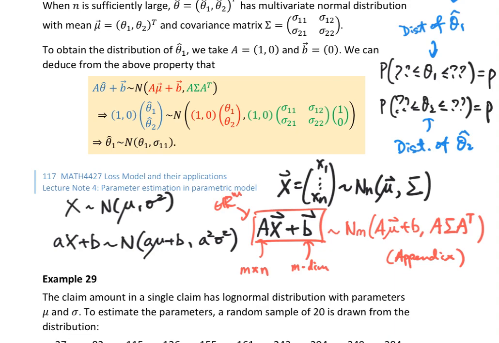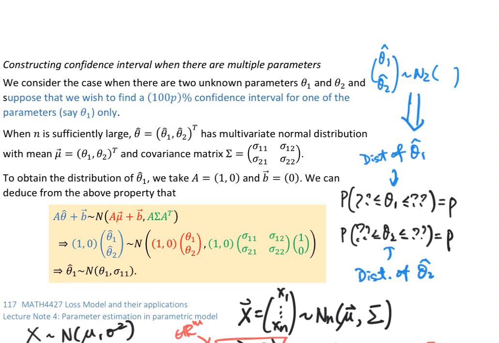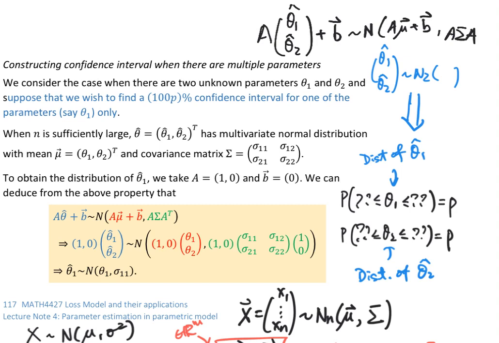Remember our theta 1 hat and theta 2 hat follow the multivariate normal. Then to get the distribution of a single MLE, you can consider this linear sum. According to the property of the multivariate normal, whatever the values of A and B, it must follow the multivariate normal with the mean equal to A mu plus B and the covariance matrix A sigma A transpose.